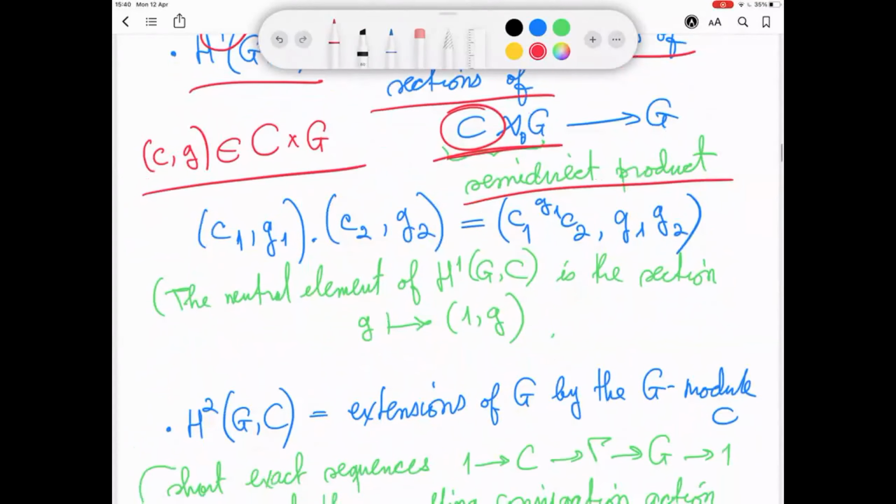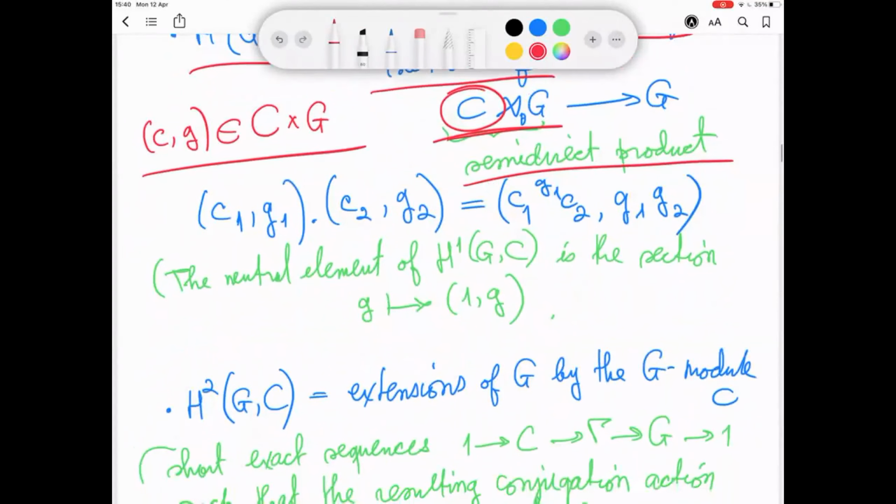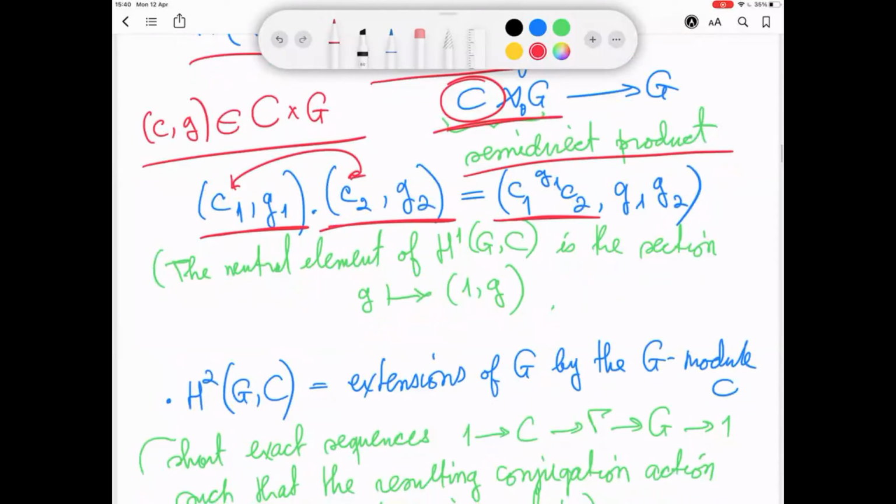And how do you multiply two such pairs? (c1, g1) times (c2, g2): you don't multiply c1 with c2. That would be the direct product of these two things. What we are doing is called the semi-direct product.